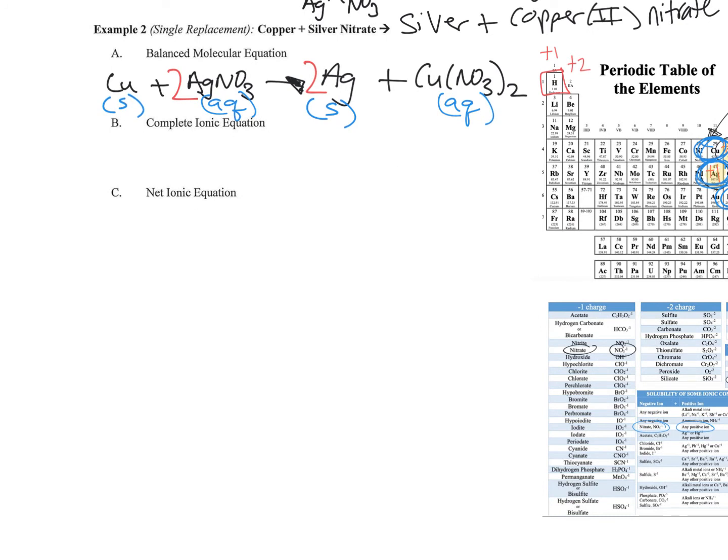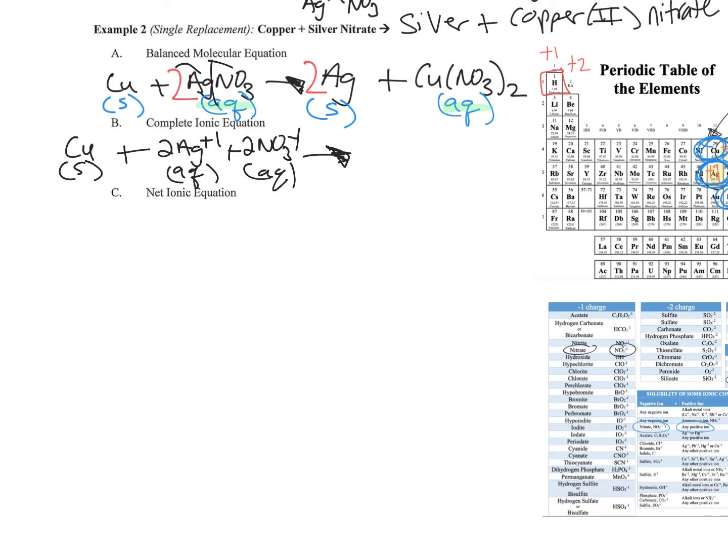So then step B is taking anything that is aqueous in step A and splitting it up, dissolving it in water. So copper solid is going to stay copper solid. The silver nitrate is going to split up into 2 Ag+1 ions that are still aqueous. And that 2 distributes. I'm going to have 2 nitrate ions.